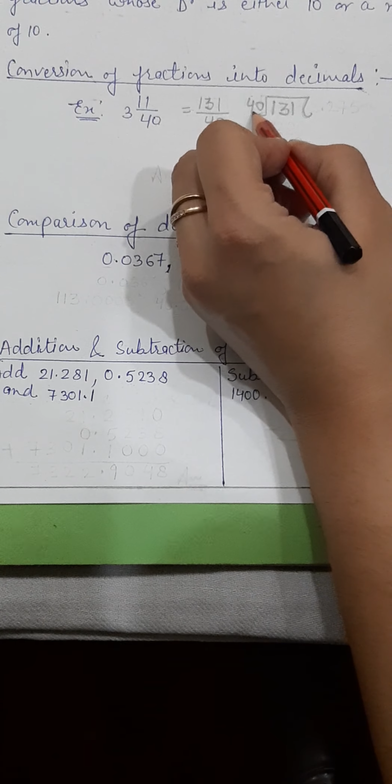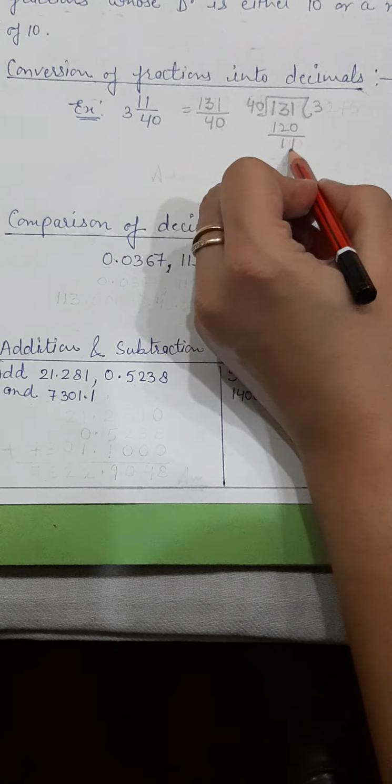So just when you multiply, 3 fours are 12, so 120 will come. So here multiplied with 3 first, 120, subtract 11. Now 11 is smaller than 40, so here you have to put a decimal and you can add 1 zero over there.